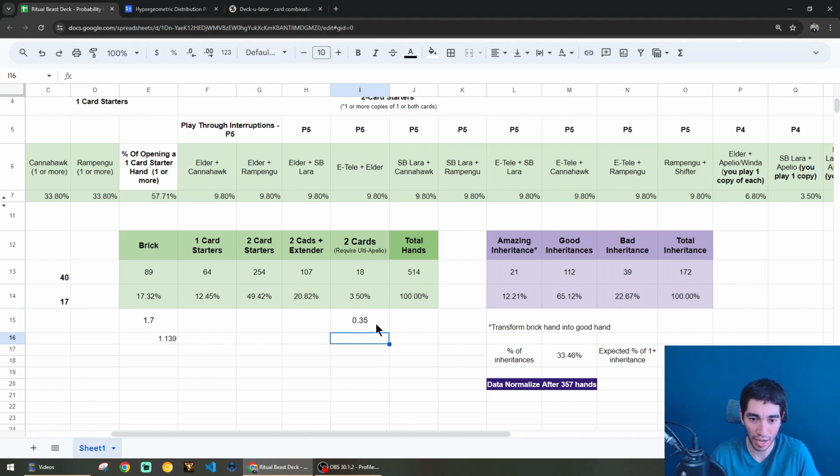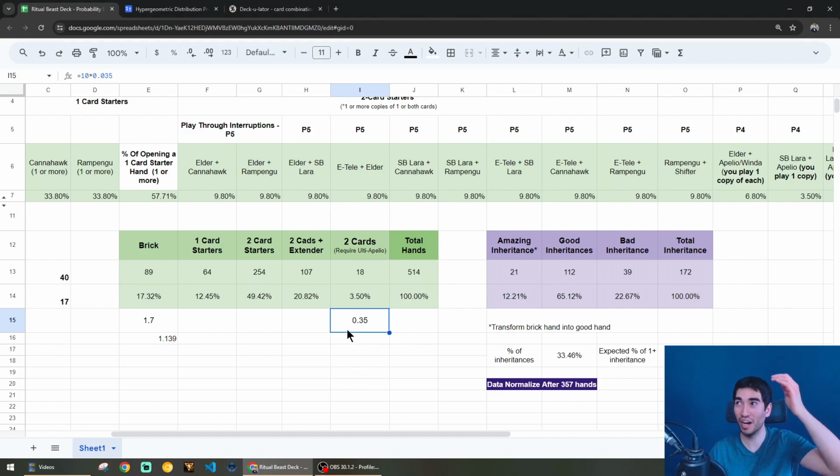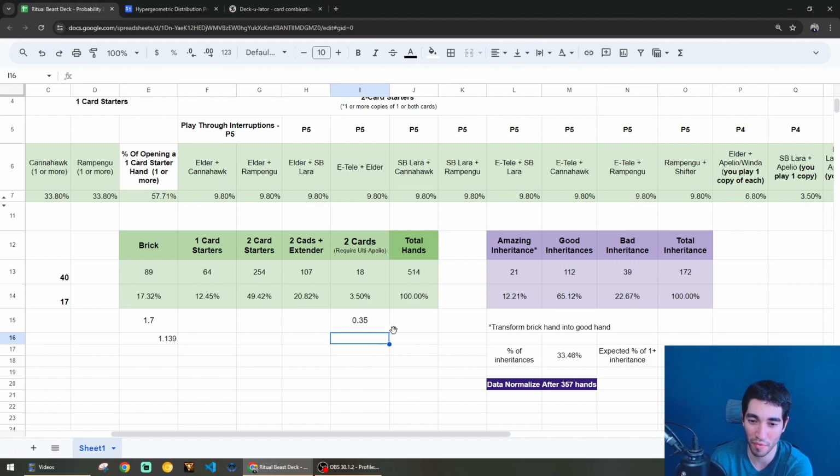So that would be less than probably 1 out of 60 games. 1 out of 30 games, sorry. Going first, we want to require an Ultimate Apelio for a 2 card starter, no? So that's a little bit of a preview for Friday.